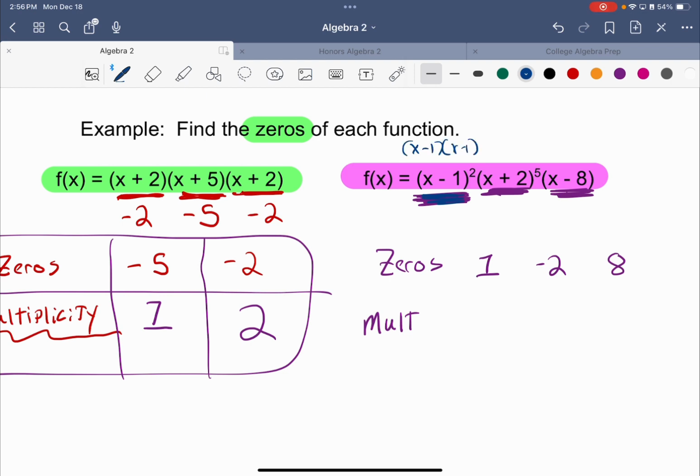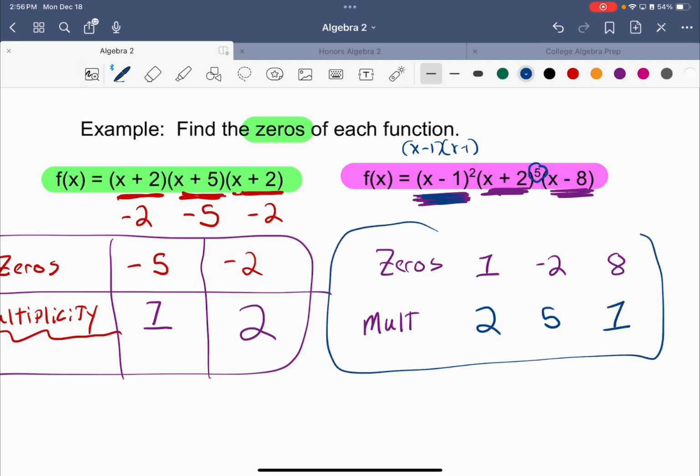So 1 has a multiplicity of 2. What's the multiplicity of negative 2? It happens 5 times. It has an exponent of 5. So it happens 5 times. What is the multiplicity of 8? 1. Okay, so there's my zeros, and there's my multiplicity.